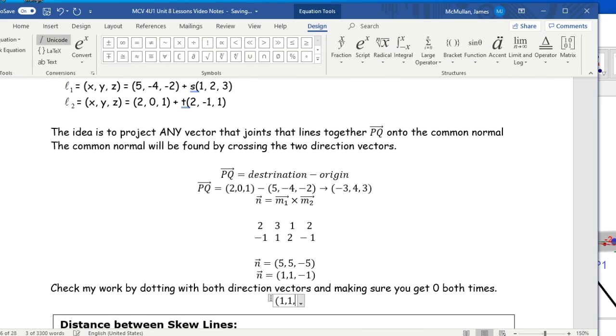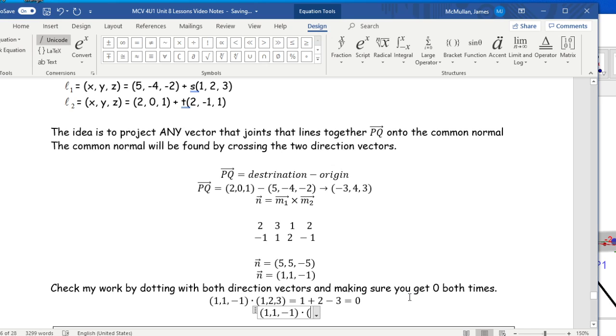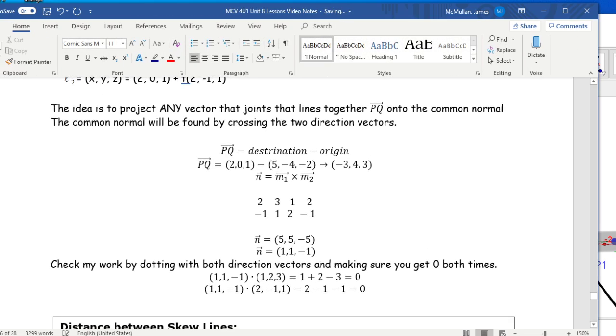So 1, 1, negative 1 dot the first direction vector, 1, 2, 3. You get 1 plus 2 take away 3, which is 0. And then 1, 1, negative 1 dot 2, negative 1, 1, which is 2 take away 1, take away another 1, which is also 0. So I'm pretty sure I've got this right.